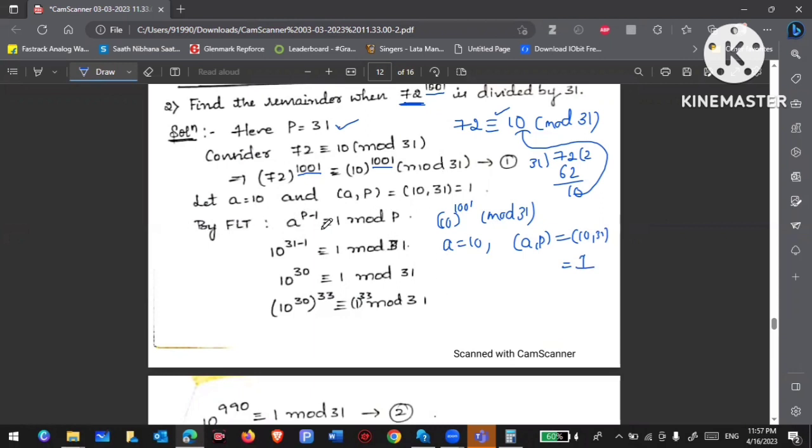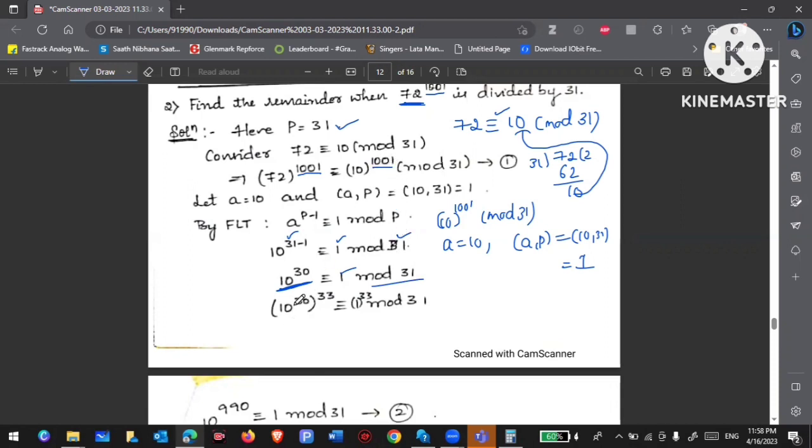By Fermat's little theorem, a power p minus 1. p is how much? 31. 31 minus 1 is 30. So 10 power 30 congruent to 1 mod 31, the p value. Now still I want 1001.